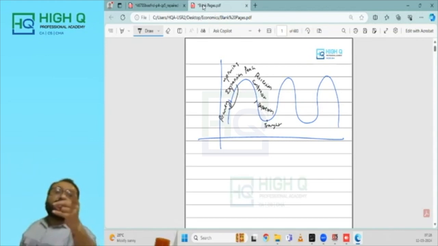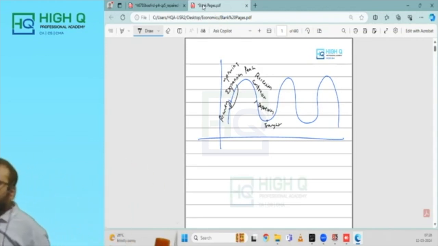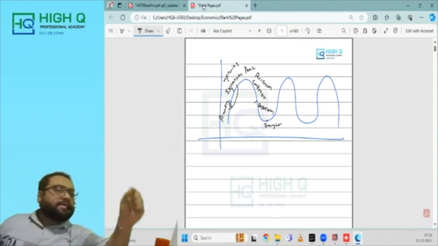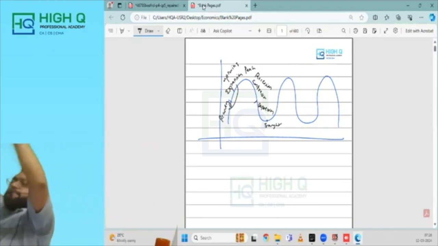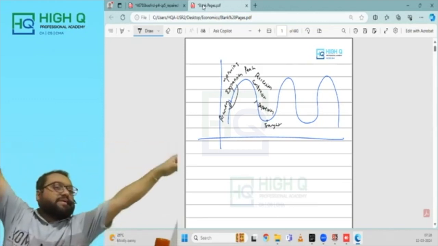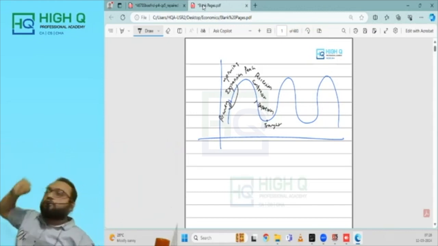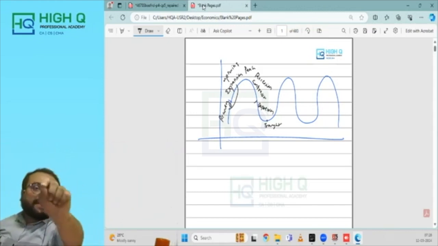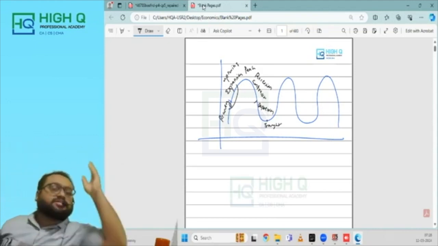So, India gave an open market in which year? 1991. India brought the open market policy in 1991. What open market policy? LPG: liberalization, privatization, globalization. Yes or no? Around 1980, China brought their policy of open market. They started setting up industries.